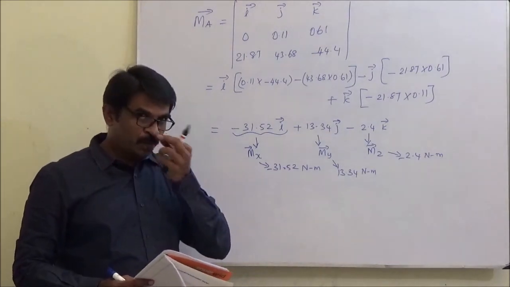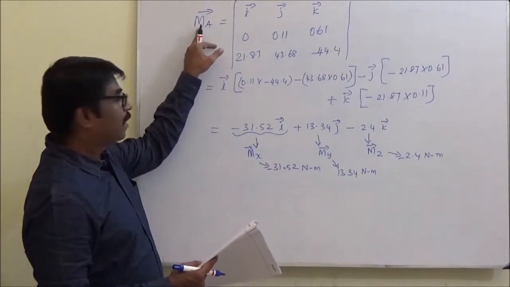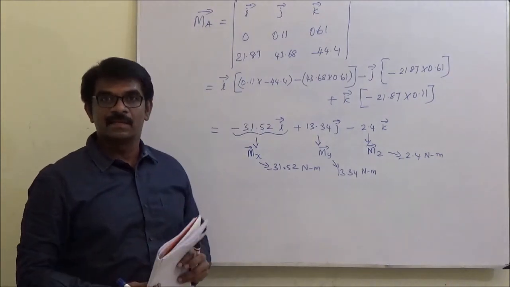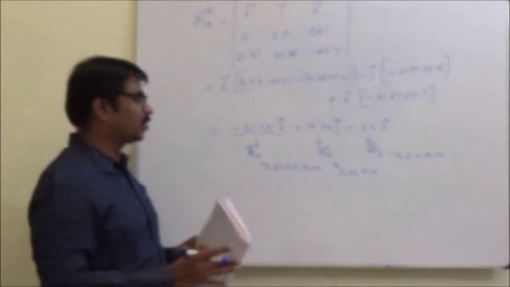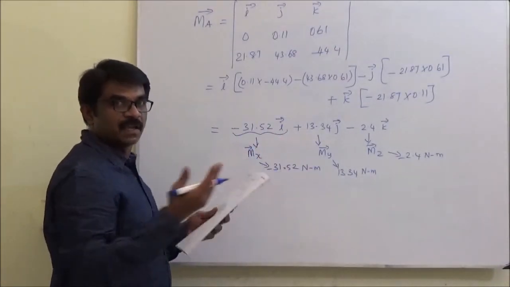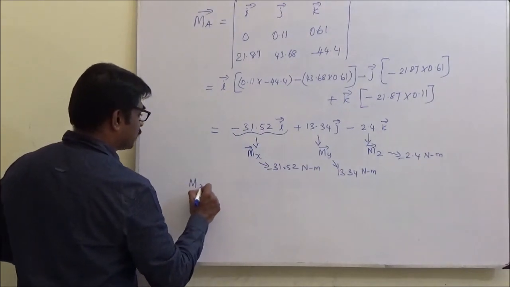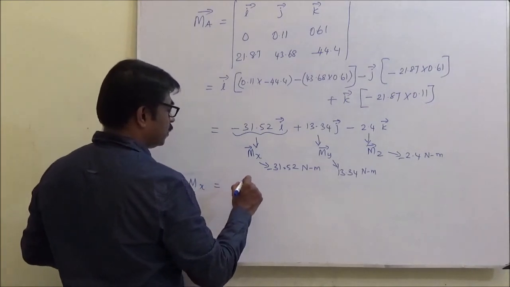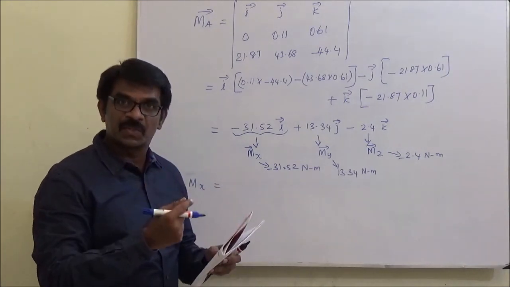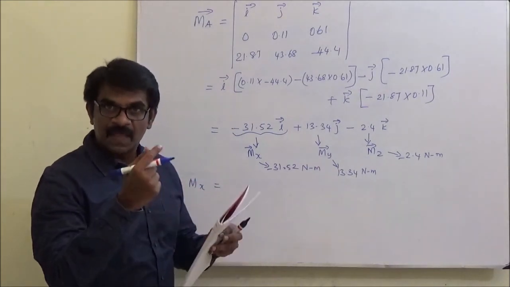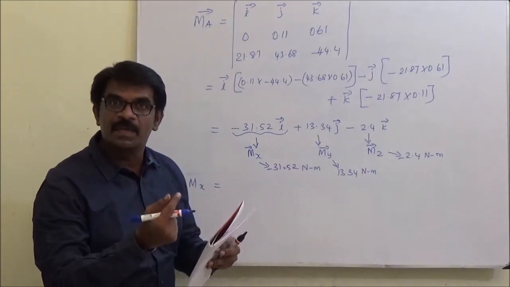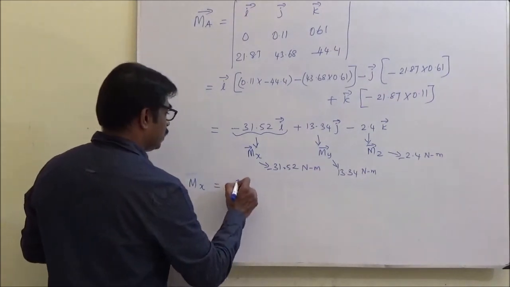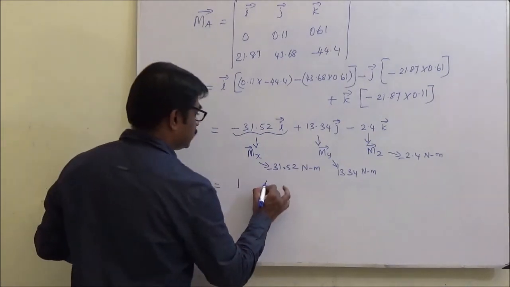If we have to project this MA about an axis, directly we can get the individual axis. So we need to find three determinants. How to find? About mx, directly. About mx means the lambda is passing through the x-axis. If the lambda is passing through the x-axis, the angle between the lambda and the axis is 0, so cos 0 is 1, 0, 0.